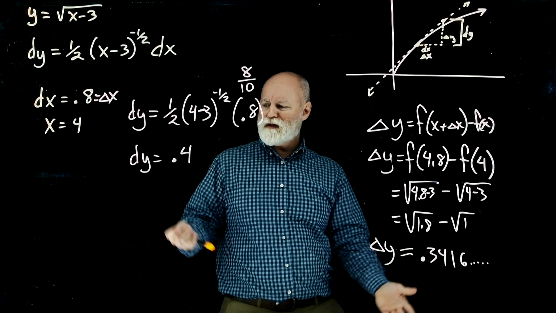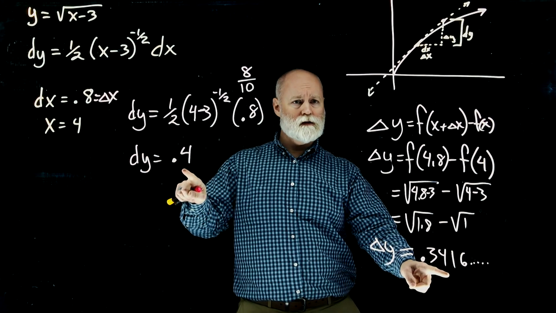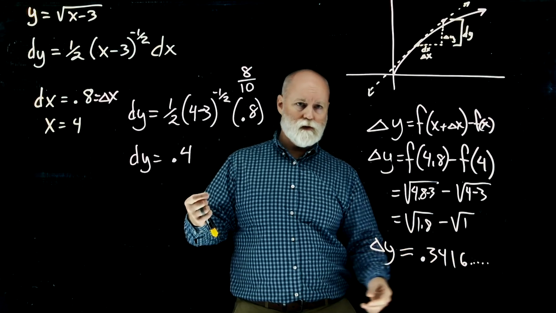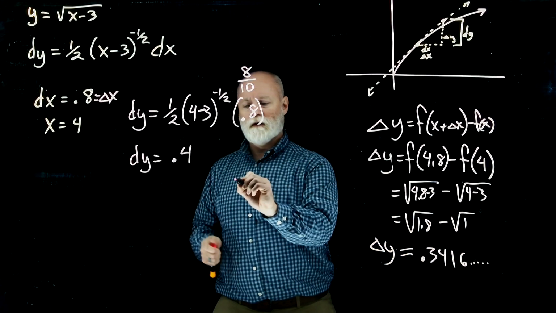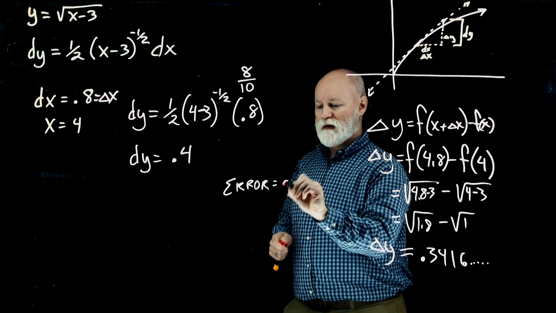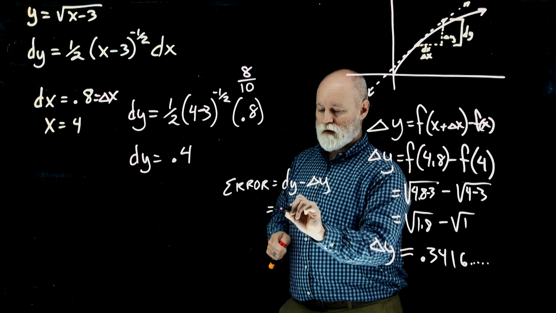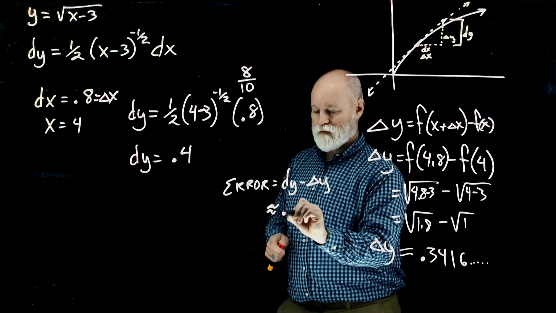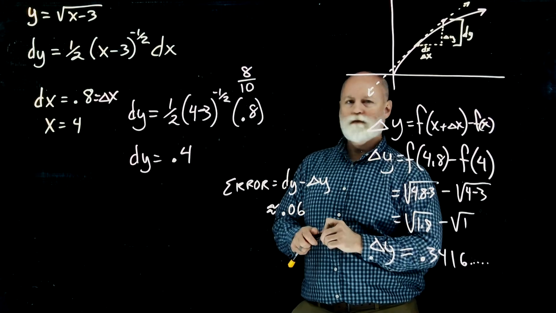If we wanted to know the error between our approximation and our actual value, the error would be dy minus delta y, which in this case is approximately 0.06, with some other decimals.